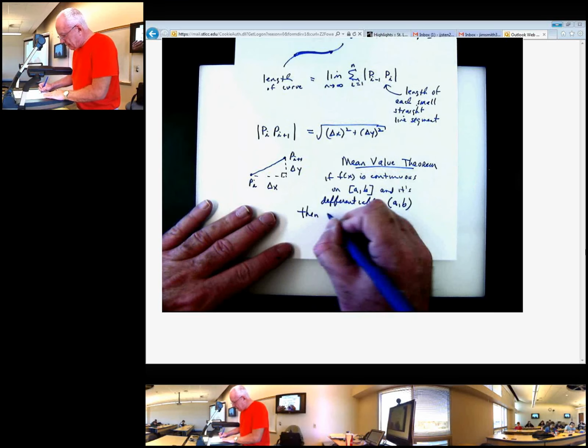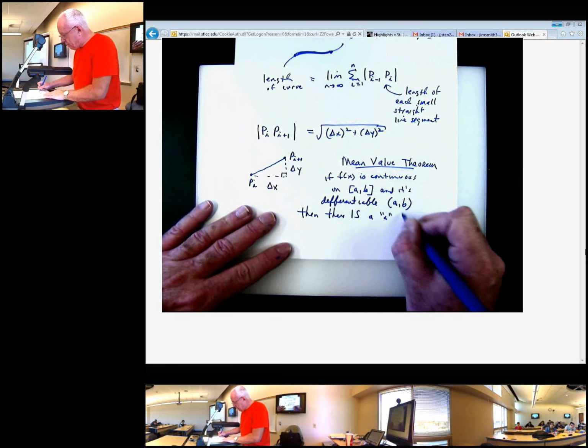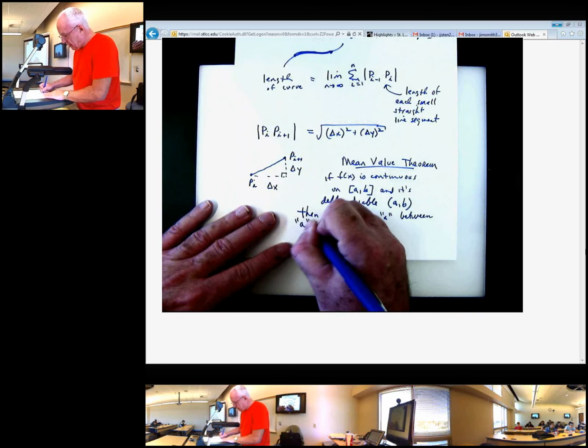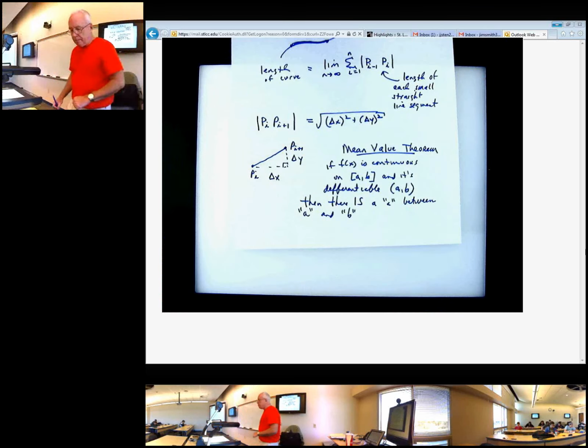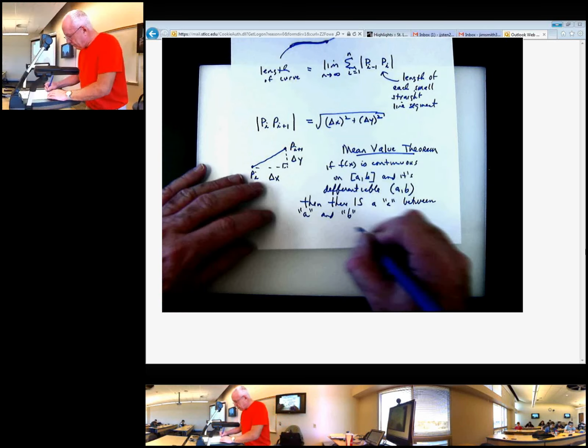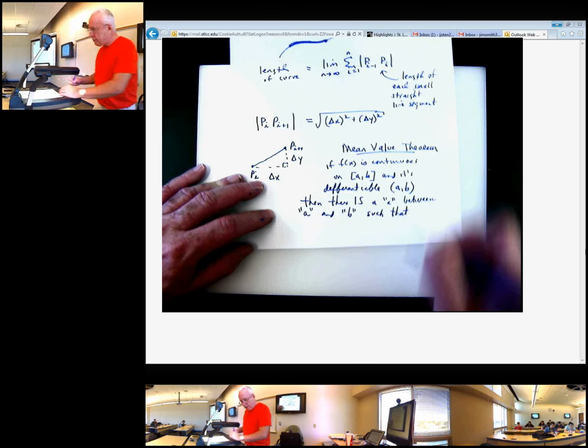Then there is a C between the A and B points, between A and B, such that we have this.